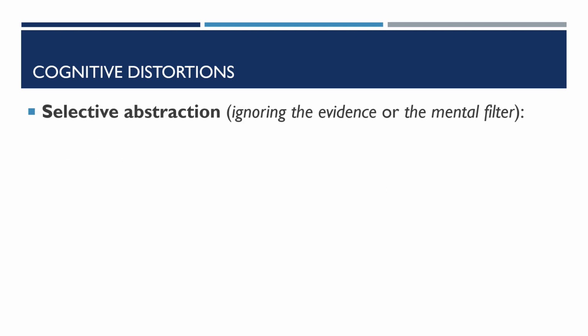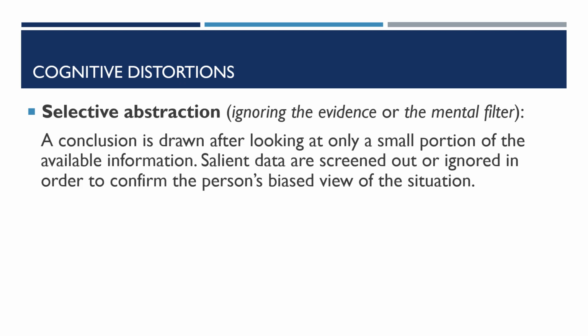Another one is selective abstraction, also called ignoring the evidence or a mental filter. It's when you have a situation, and a conclusion is drawn after looking at only a small portion of available information.